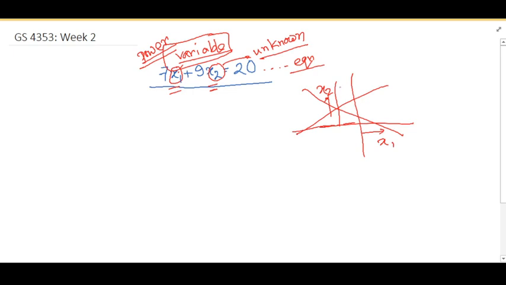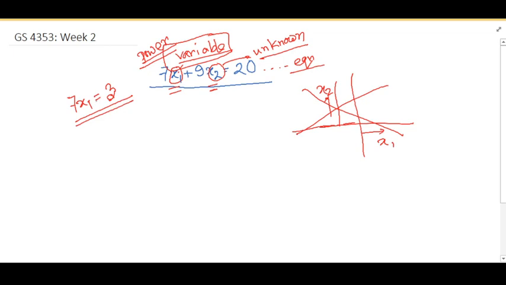Or in another way you can say it will only be possible when the power of the variables is 1. Unless it is 1, if we use just one unknown, like 7x1 equals 3, for example, in this case it is possible.